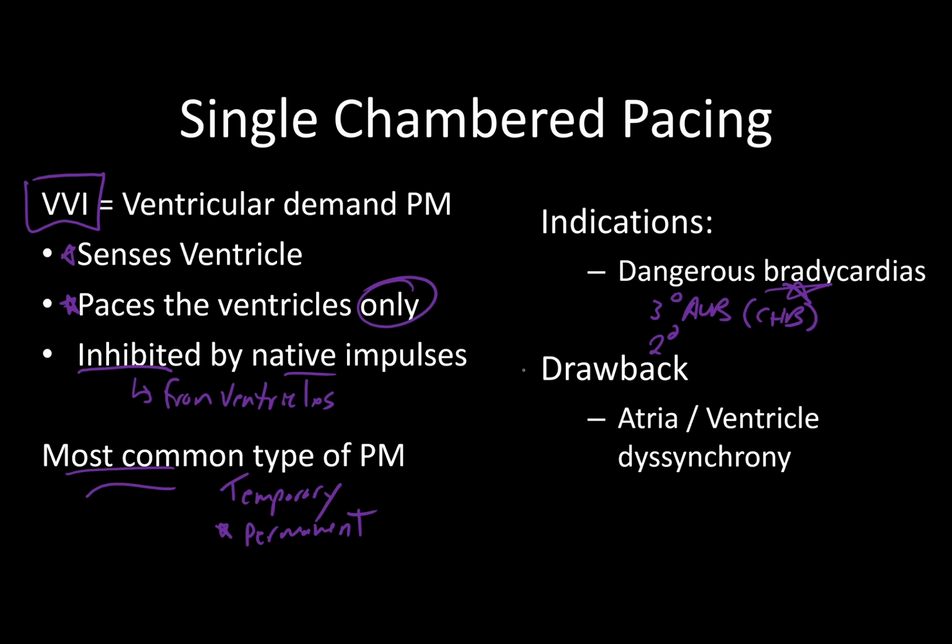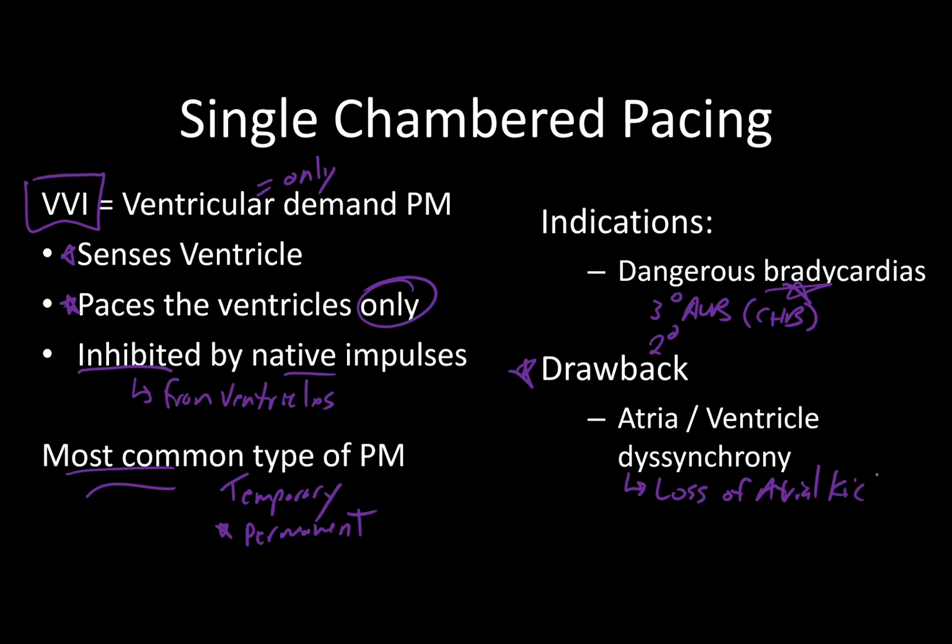The drawbacks of having this type and this setting is that because it only paces the ventricle only, you aren't pairing it with whatever's going on in the atria. And that can cause the AV dyssynchrony, which is better looked at as loss of atrial kick.